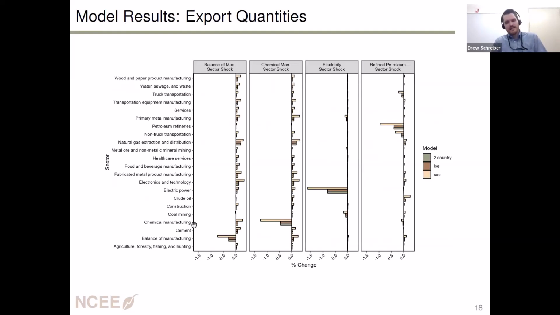Essentially what the shock does is it makes it more expensive to produce goods in a particular sector, which increases the price of exports. And so here, what you largely see is a reduction in export quantities in the shock sector, and then some general equilibrium multi-sector effects going on elsewhere.